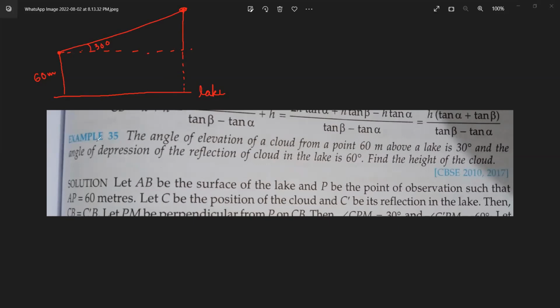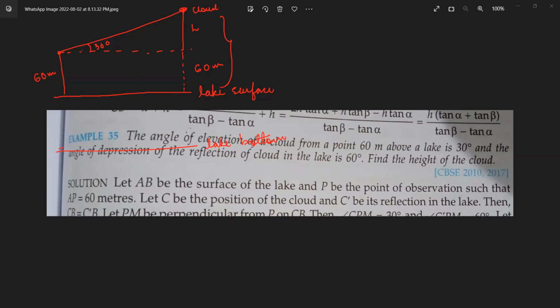This was the lake surface, and then you will have a lake bottom. The cloud is here. This is the height of the observer, 60 meter, and let's say this is h. So this complete 60 plus h is the height of the cloud from the lake surface.